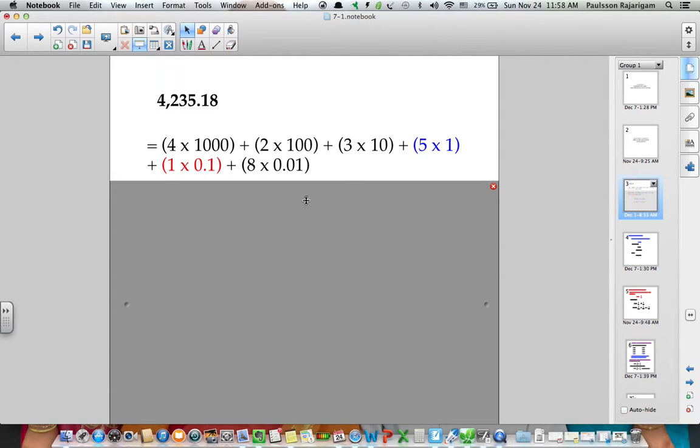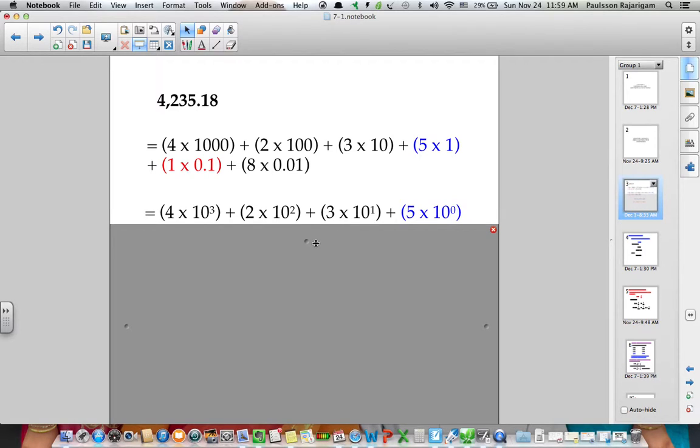Then we also asked you to write this in exponential form. 4 times 10 cubed plus 2 times 10 squared, and you can see how the value of the exponent decreases as we are moving down the line, just like how the location of the decimal point moves to the left as you move down the number.